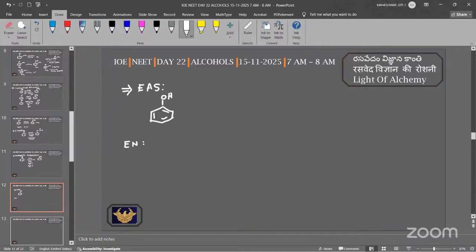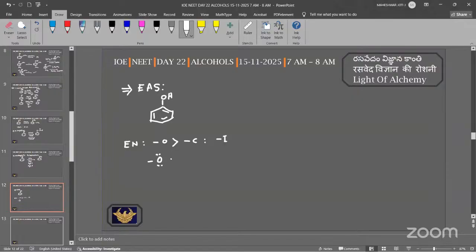Electronegativity of oxygen is greater than that of carbon. So it is EAS. Full form, sir? Electrophilic aromatic substitution. Thank you, sir. Welcome, Amma. So due to more electronegativity of oxygen than that of carbon, it takes out the electron density, so it is a minus I effect group. But on oxygen, there are lone pairs.